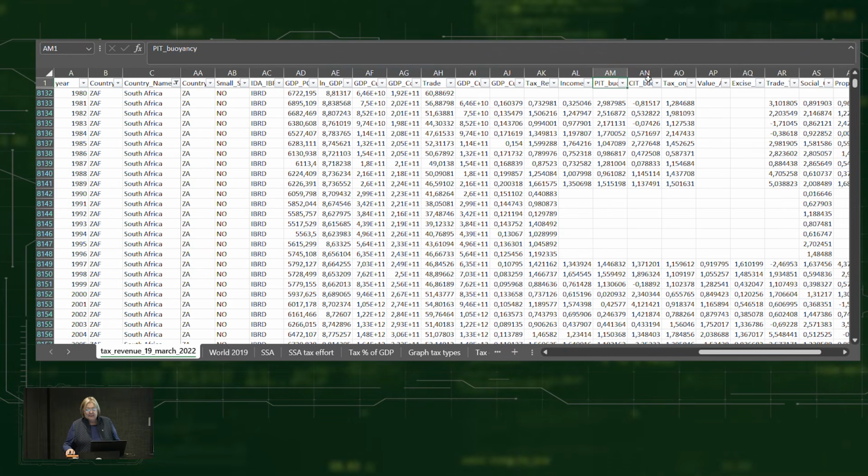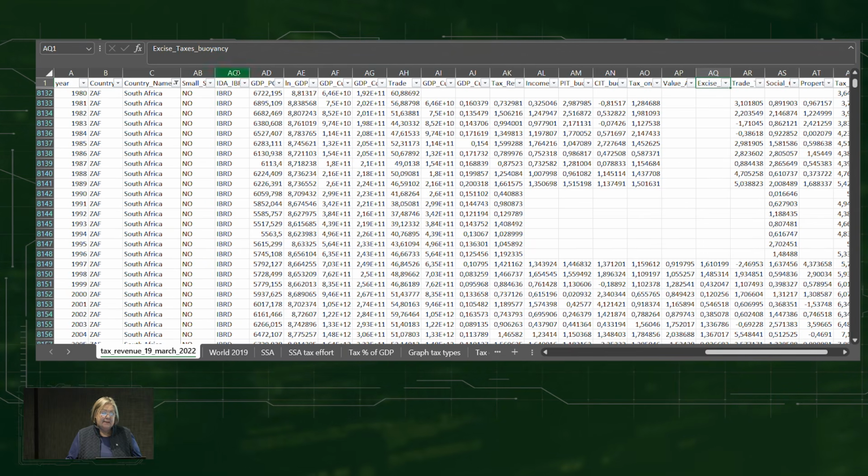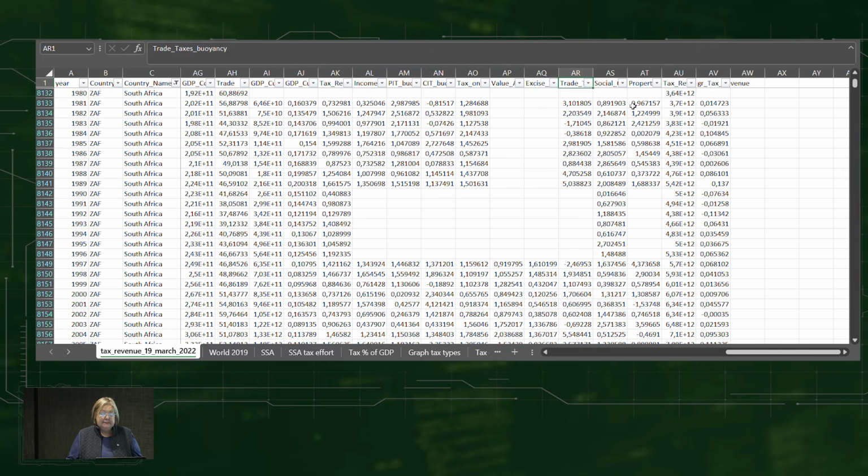So you've got it for PIT, CIT, tax on goods and services, and value-added tax. So actually, if you want buoyancy ratios on your tax system for a very long period, because this is very long time series data, you would be able to access this database. And then excise taxes, trade buoyancy. So at the end, it's all the buoyancy ratios.